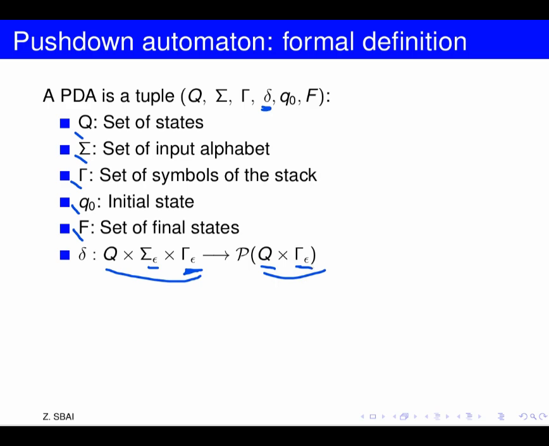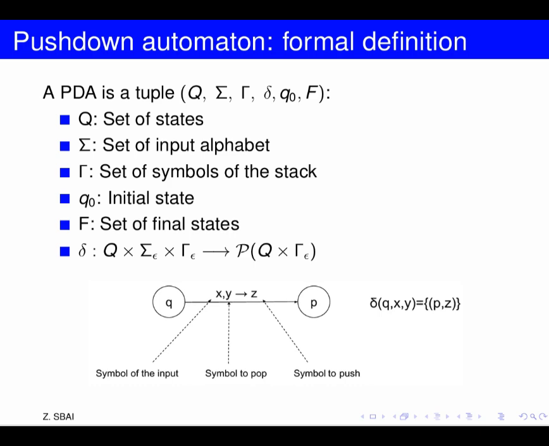And this information may be written in the automaton as follows. So we will have a transition from state Q to state P, and with this transition we will need to read a symbol of the input X. We will also need to read a symbol from the stack, which is the symbol on top of the stack.